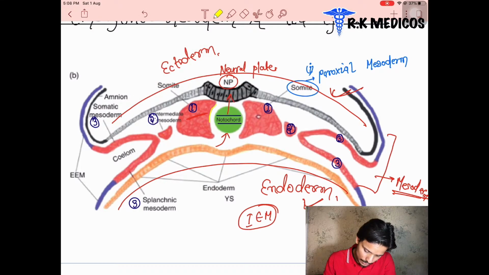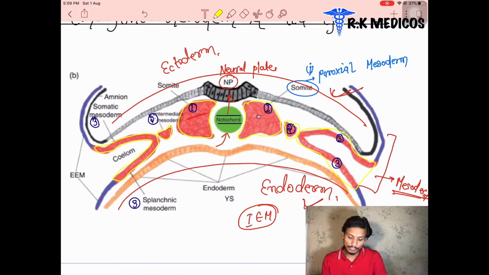I'm going to draw it in yellow so you can see by yourself. There are three types of intra-embryonic mesoderm. This is the first, this is the second, and here is the third one. These three types are present in between the bilaminar disc, the upper and lower layers, that is ectoderm and endoderm.